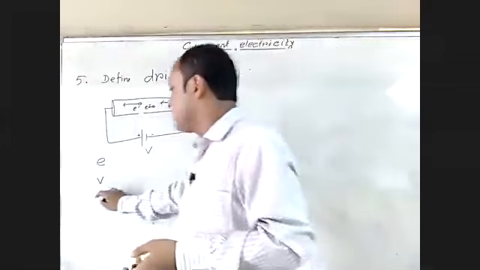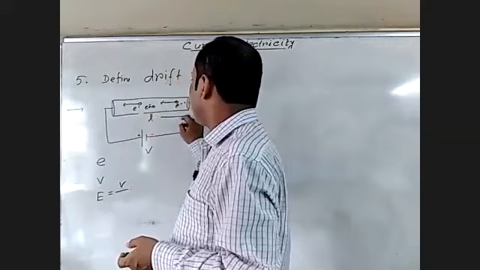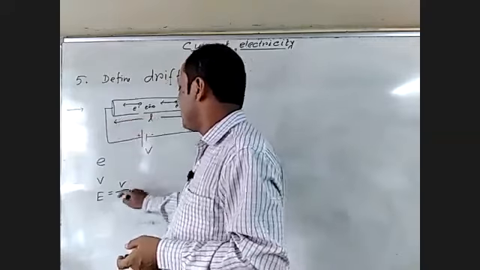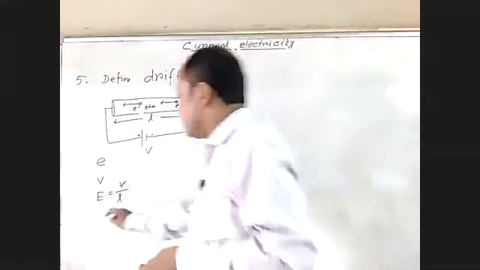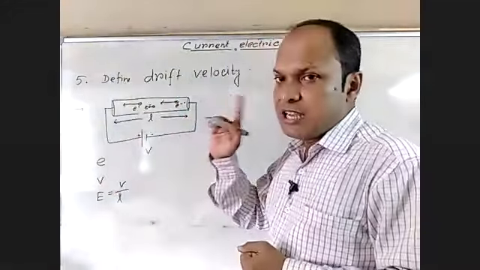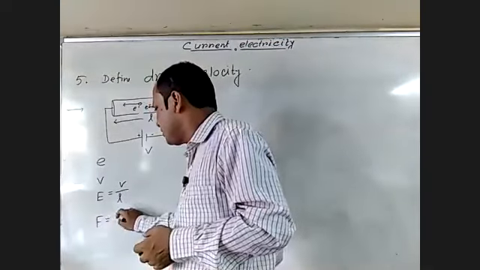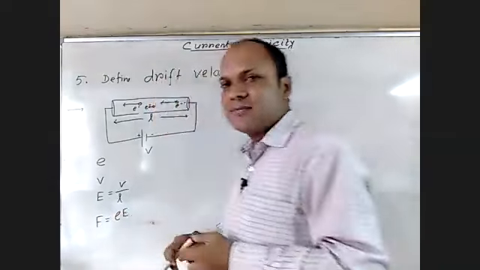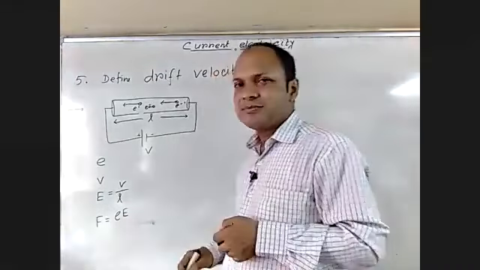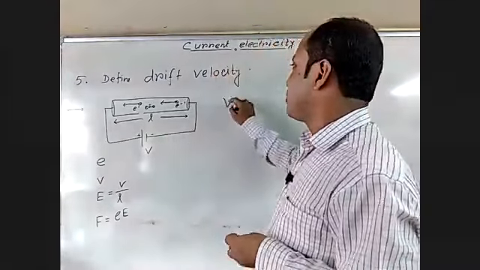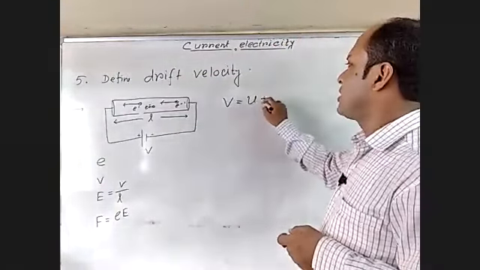That field E equals V divided by L, if the length of the wire is L. Now, the force on each electron due to this external field is eE. Now, from the equation of motion, we have the formula V equal to U plus AT.